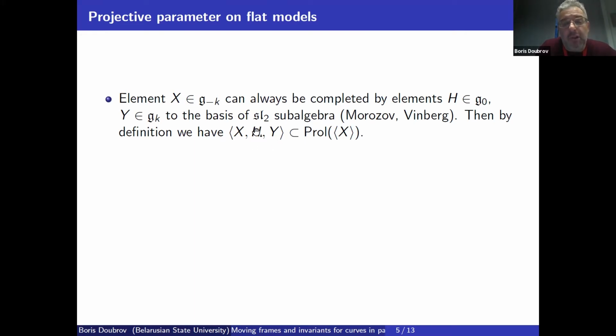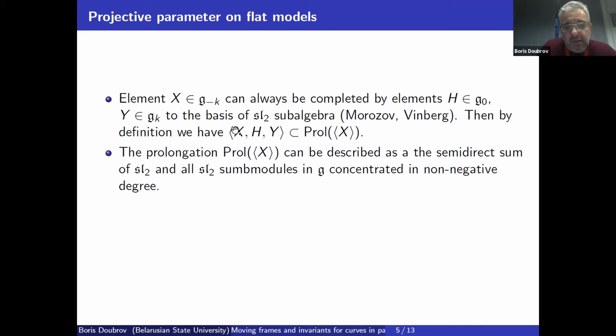And so H belongs to degree 0 elements of the prolongation, and then clearly Y belongs to degree k of the prolongation, because X bracketed with Y happens to be in the prolongation of degree 0. So we always have this SL2 sitting inside the prolongation and acting effectively on our curve.